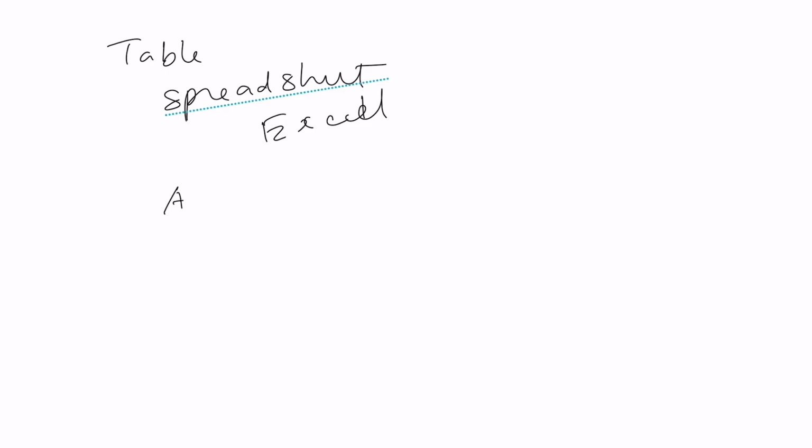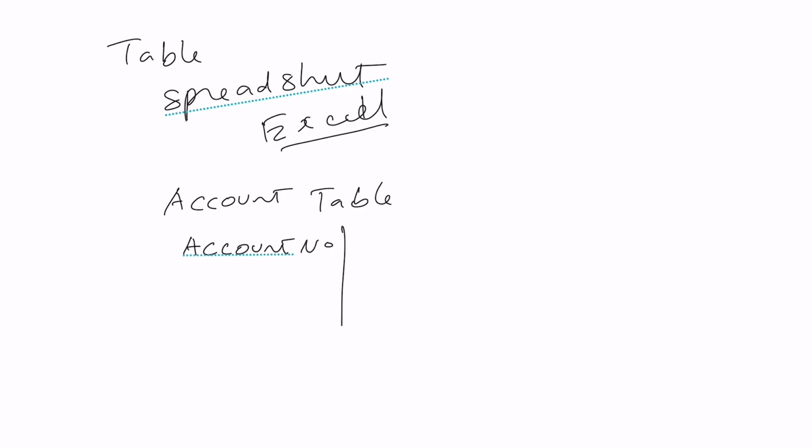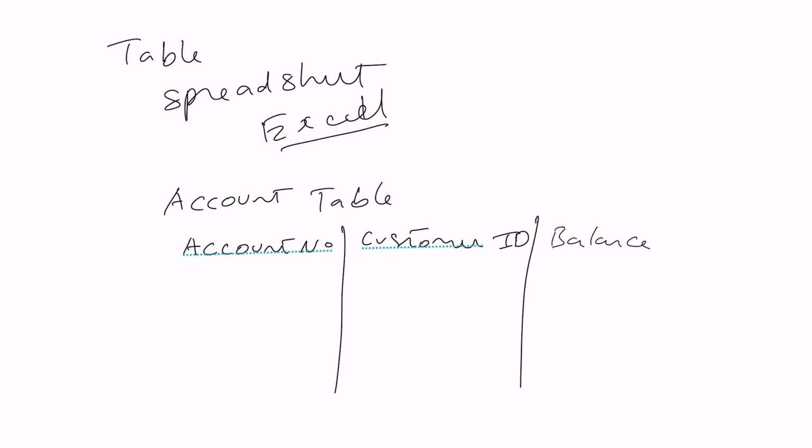So hypothetically, if we take an example, there is an account table, okay, in which you have certain rows and columns, simple like Excel, as I mentioned. For example, you may have a column as account number, then you may have a column, let's say, customer ID. This ID is very important. In a moment I'll explain to you why. And maybe you have a column, let's say, balance.